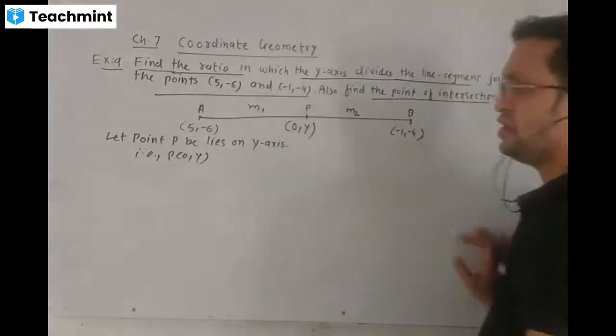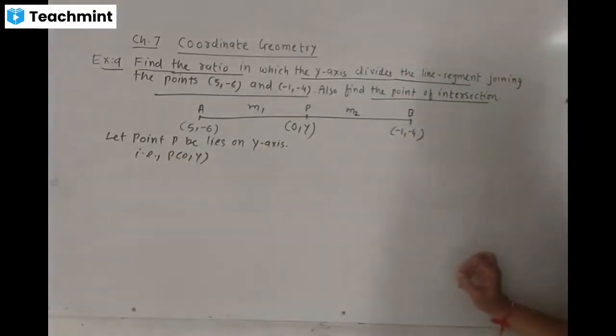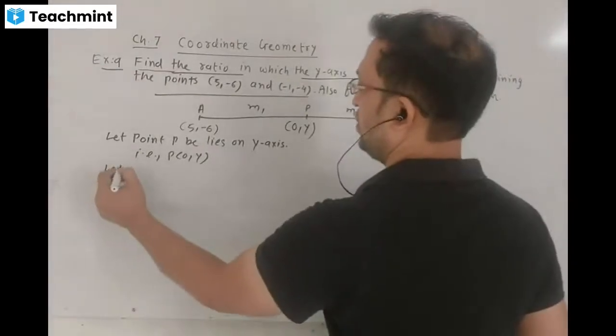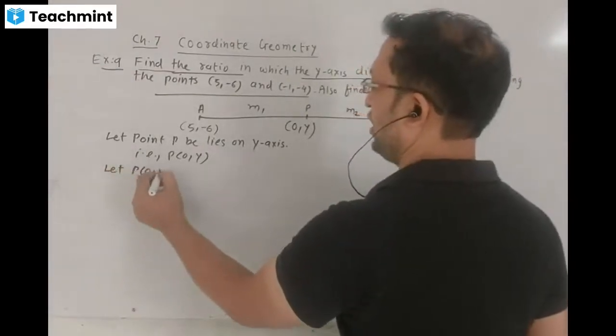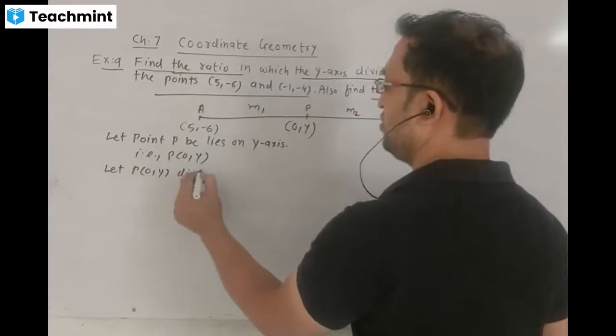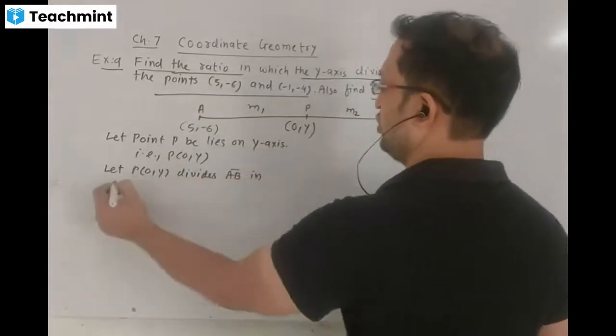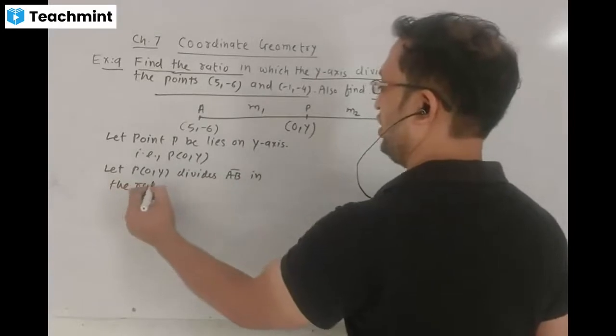Here the x coordinate is 0. Let P(0, y) divide AB in the ratio m1 is to m2.